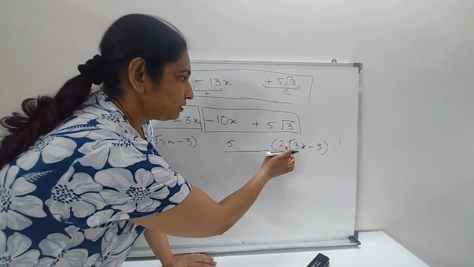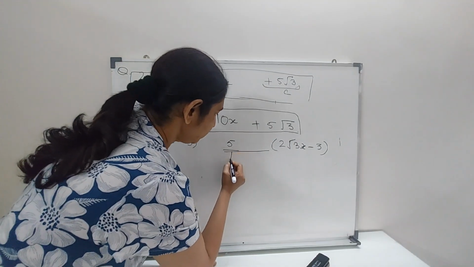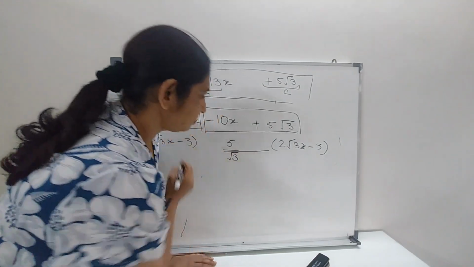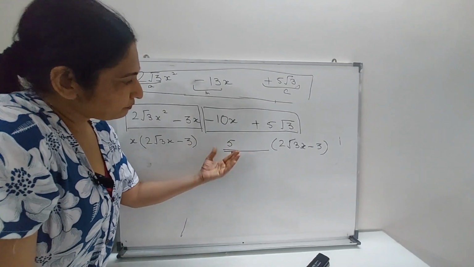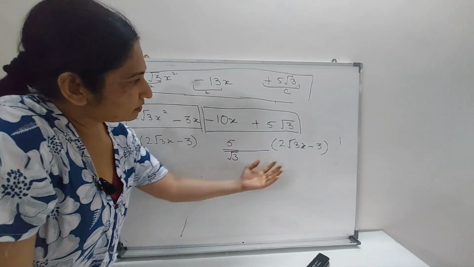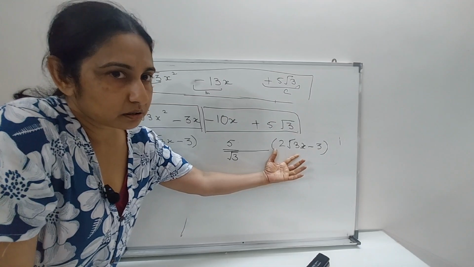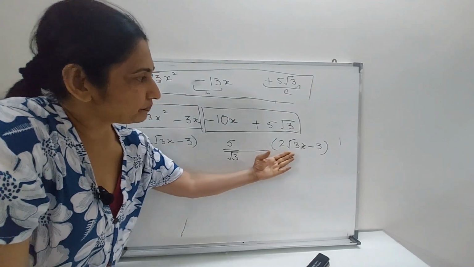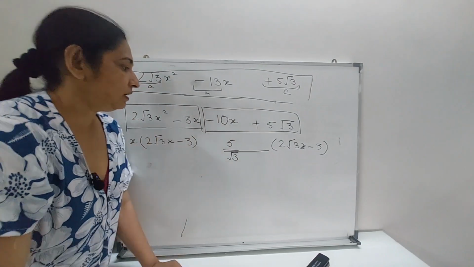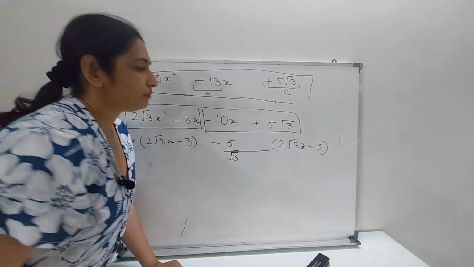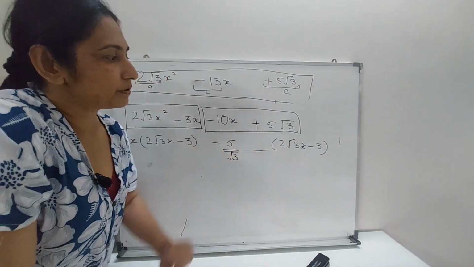But there's a root 3 here. So I will need a 5 upon root 3. See, this is a little tricky. If I take 5 upon root 3 and multiply to root 3, what do I get? Root 3 gets cancelled and you get a 10. And here a minus sign because we need a positive.